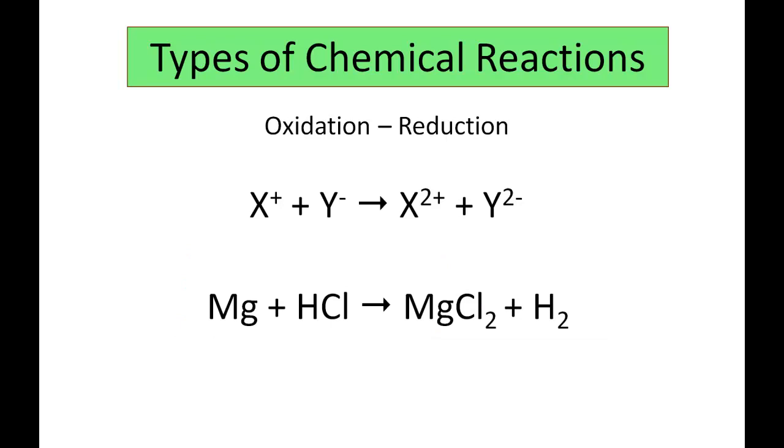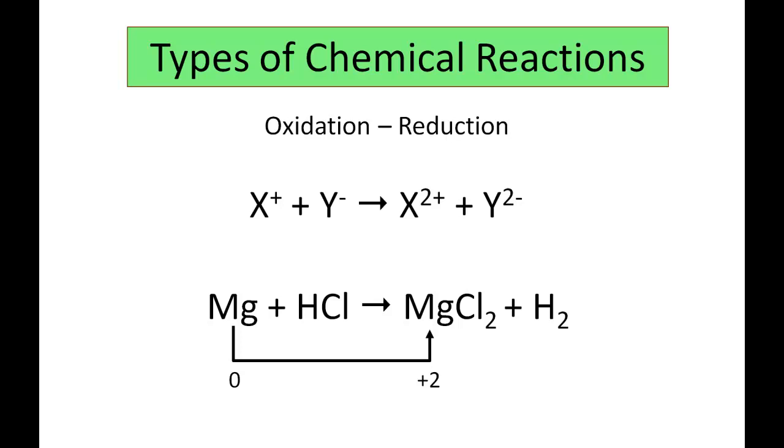Let's go through an example here real quick. First thing you need to notice is that magnesium is by itself. When an element is by itself or diatomic in nature, it has a net charge of 0. So you can see that the magnesium is 0 on the reactant side. But since it's within a compound and paired up with chlorine on the product side, it now has a positive 2 charge.